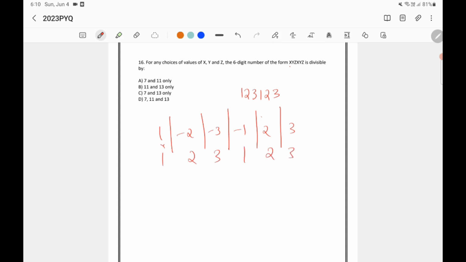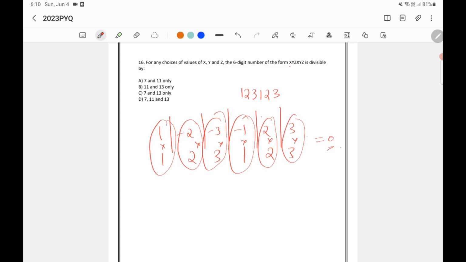So this and this will get cancelled, right? Because this is 1, this is minus 1. This is minus 4, this is plus 4, cancelled. Minus 9 plus 9, cancelled. So the answer will be 0. Since 0 is coming, it is divisible by 7. If you apply this divisibility rule for 7 and you get 0 or a multiple of 7, then it's going to be a multiple of 7. So 1, 2, 3, 1, 2, 3 is divisible by 7.